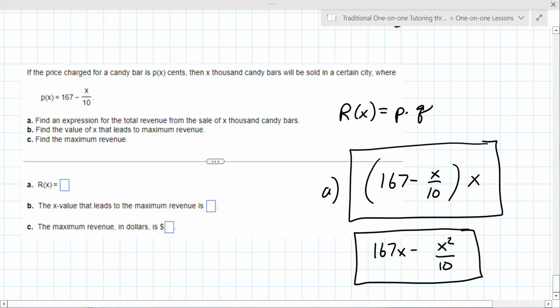And then I'm going to go to the graph. I'm going to graph this again. When you graph the revenue function, 167 over 10 times x, these are almost always quadratic problems. It's kind of interesting.